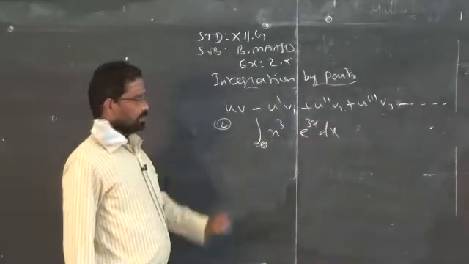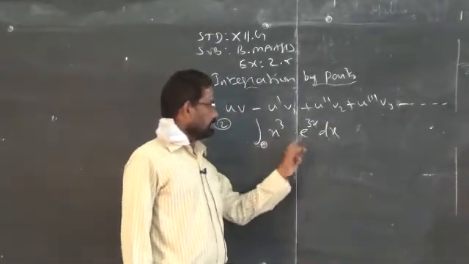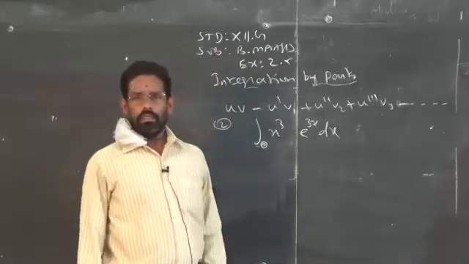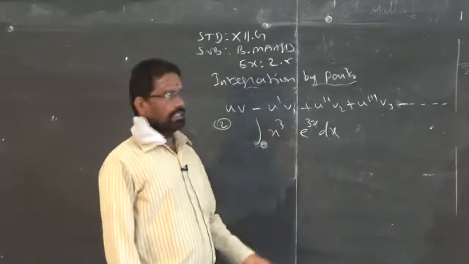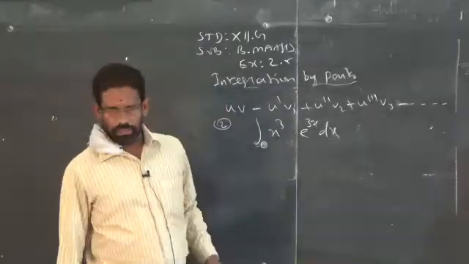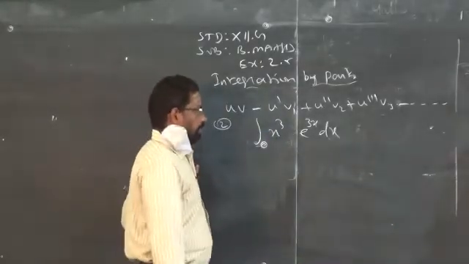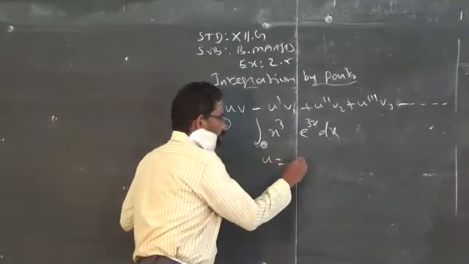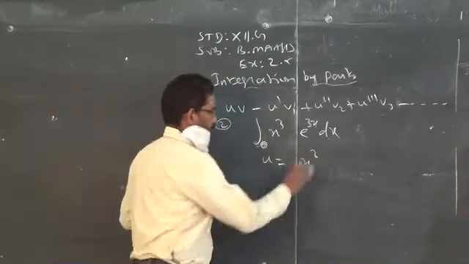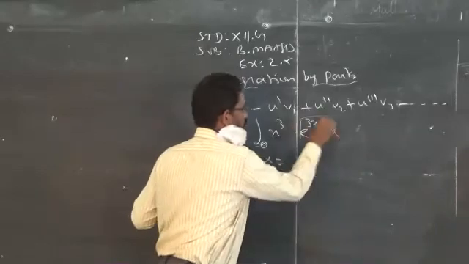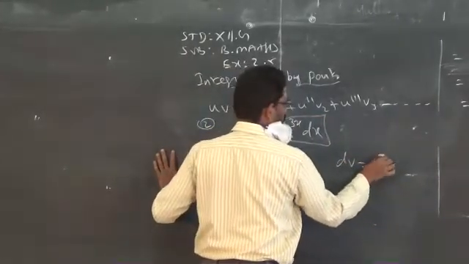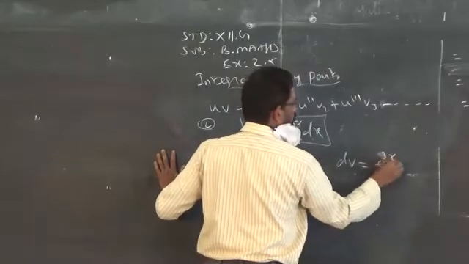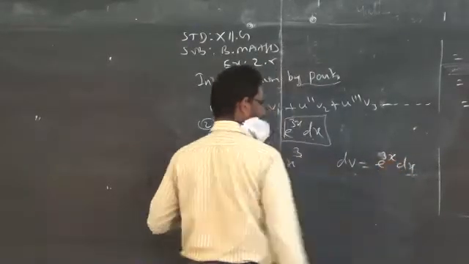See the power of x. I told you already, if any integrand consists of an x factor, then you always consider that x factor as u, that is the concept. Clear? So u is equal to x power 3. This is the derivative format. Therefore, we consider dv is equal to e power 3x into dx.